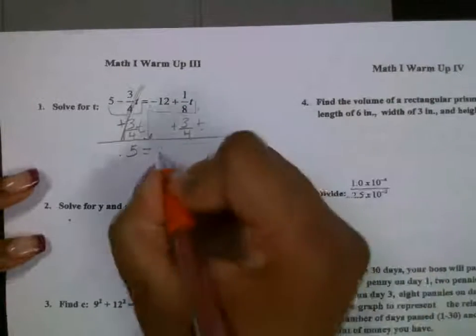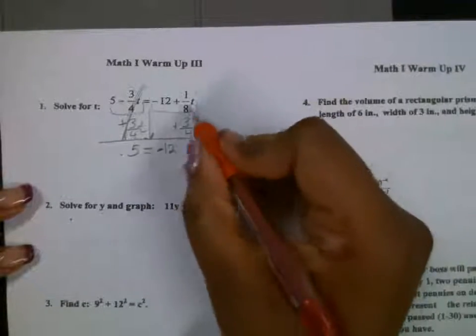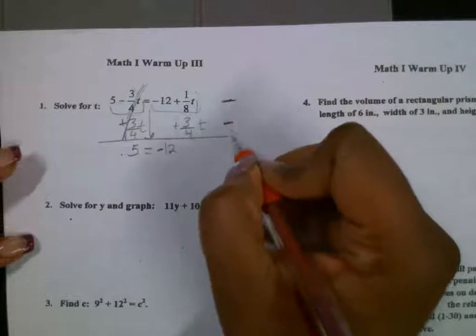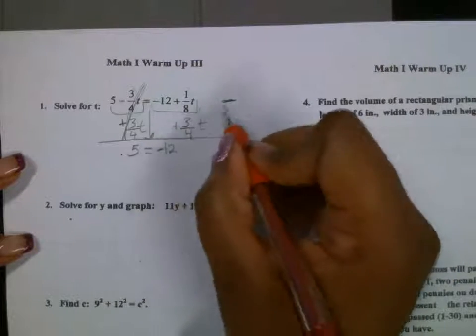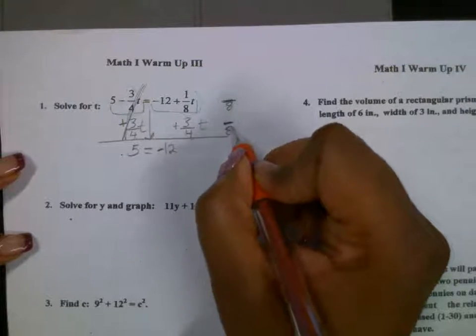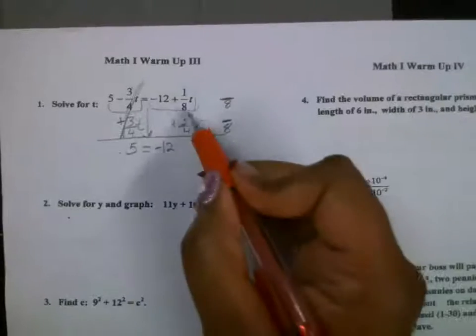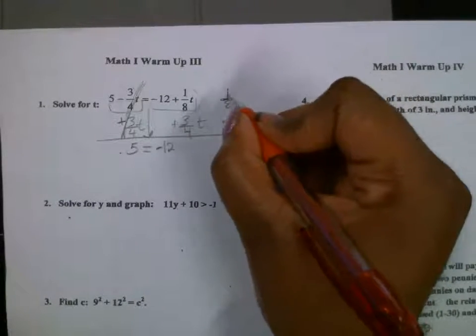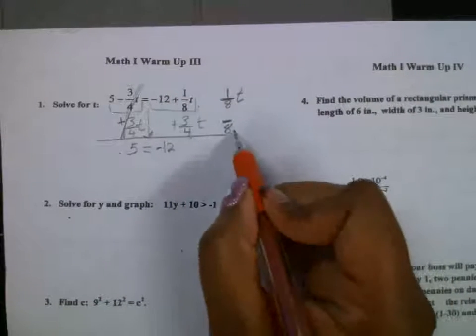Now over here it's a little different. You have the -12 that you bring down, but now you've got to add fractions. When you add fractions, you have to have a common denominator. So you look for least common multiple. The least common multiple between these two is 8. Okay? So here, the denominator is the same, so your numerator is going to be the same also. Bring over the t. You went from 4 to 8.